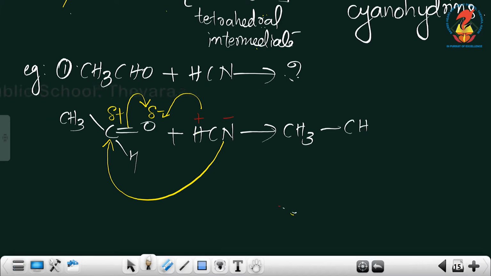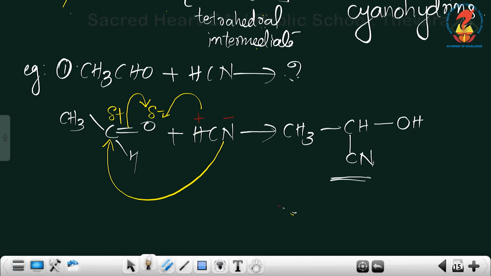Now the double bond O became a single bond O, and to oxygen hydrogen is attached, so O becomes OH. Now CN minus is attached to carbon. So this is the product we are getting.